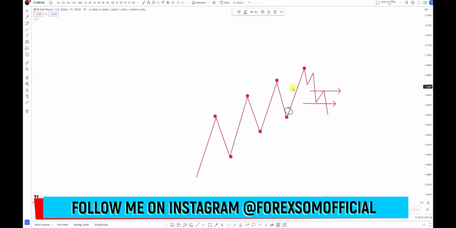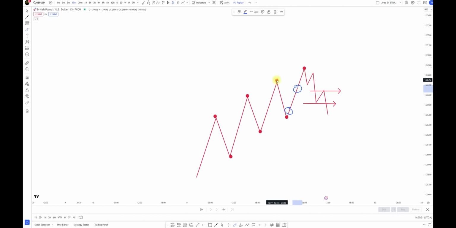Sometimes you can find it somewhere here, but demand zones are not located here. After the break of a structure, you always have to look for the demand zones within the higher low and the higher high before the break of the structure. This is where the demand zone lies. This is a secret that I'm giving you guys. Make sure you write it down and make sure you practice this on the chart.